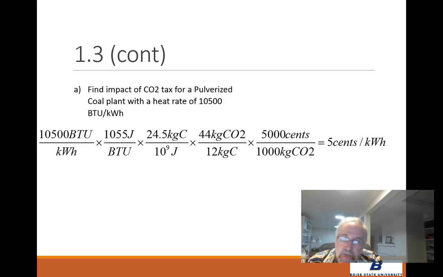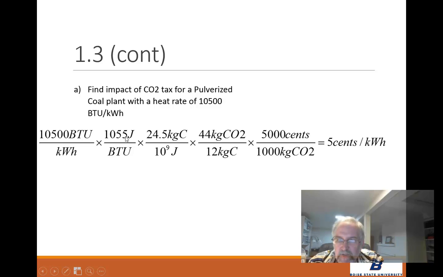It's the atomic weight of carbon versus the molecular weight of CO2. And again, 1 metric ton is 1,000 kilograms. Okay, so here's just that expression. What's the impact of that CO2 tax, that $50 per ton CO2, for a coal plant with a heat rate of 10,500 BTUs per kilowatt hour? And it's just following the units, right? I'm going to bring the cursor in to walk you through it. I hope you can see it on the YouTube. There's the heat rate.